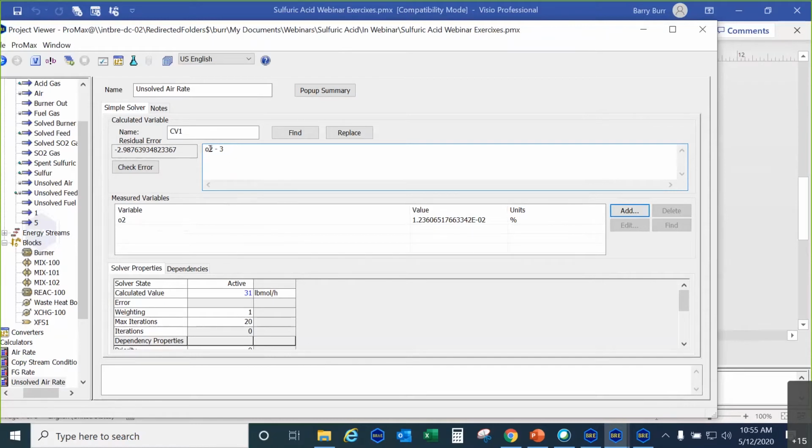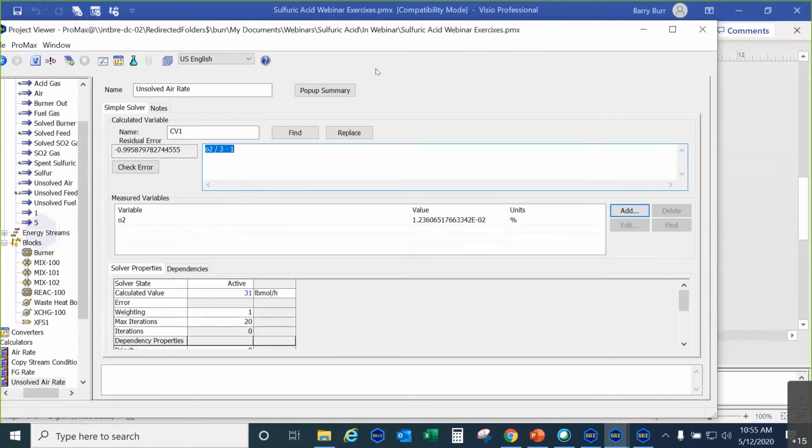But this isn't really well scaled yet, so I'm going to make it better scaled by dividing by the target value and then subtracting 1. So now this is a scaled residual equation that will drive the air flow rate to the correct flow that gives us an oxygen content of 3%.